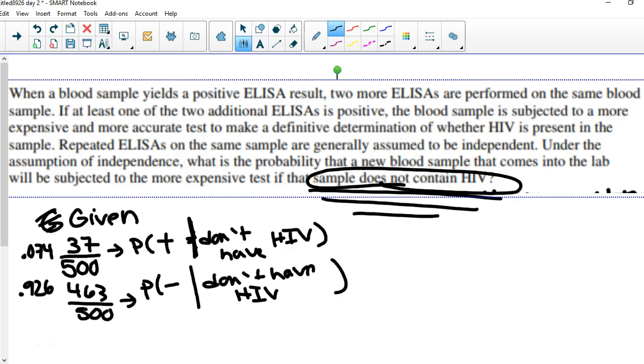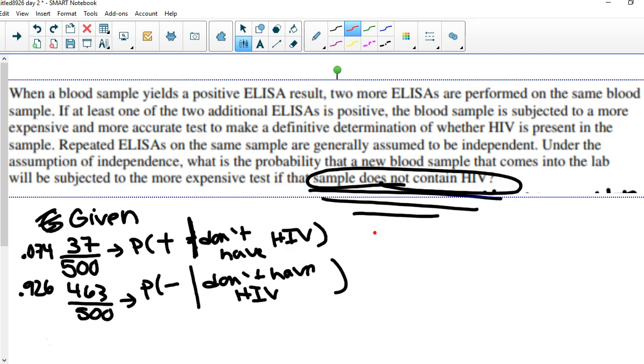Now we have to say, under the assumption of independence, what's the probability that a new sample that comes into the lab will be subjected to more expensive tests? Okay, so what is the more expensive test? When a blood sample yields a positive result, 2 more ELISAs are performed on the same blood. If at least one of the 2 additional ELISAs is positive, the blood sample is subjected to more expensive and more accurate tests to make a definitive determination.